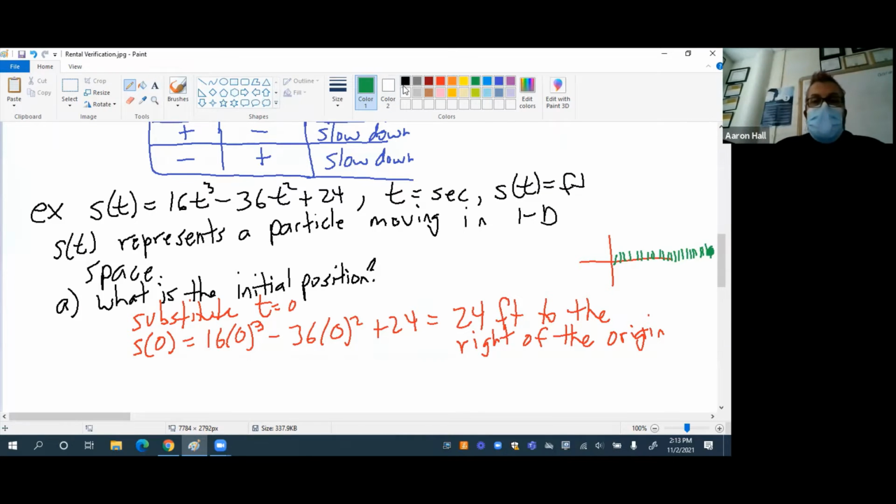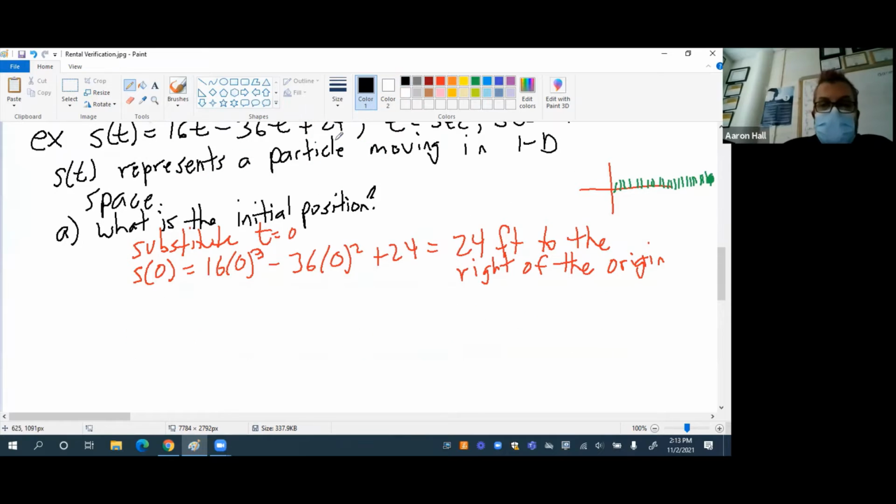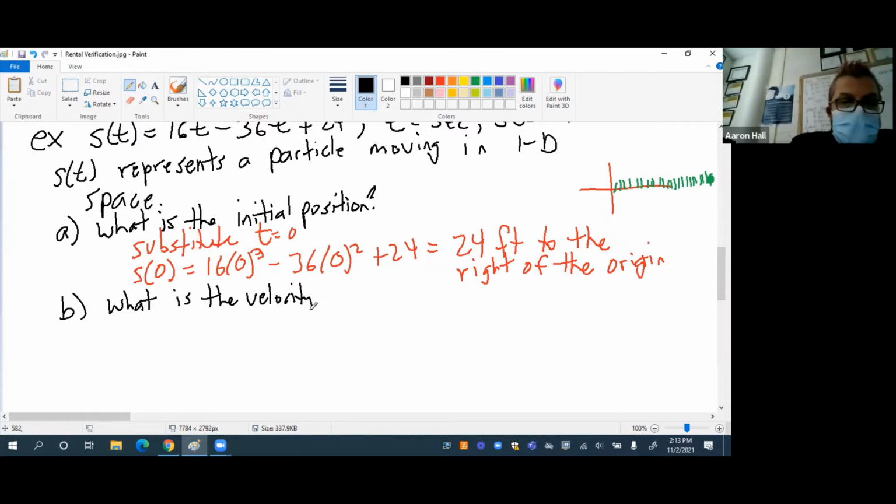Okay. The second question that I have, B, is what is the velocity of the particle at t equals 1 second?